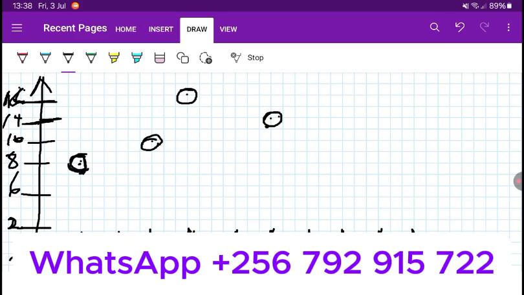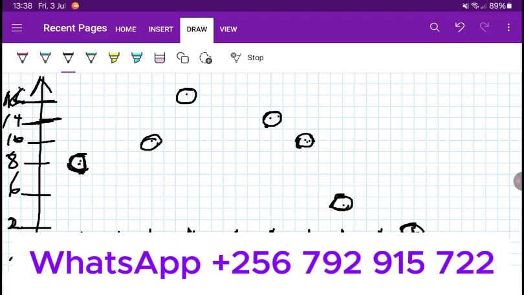Then we also have 95 with 10. Then 105 with 5, and then 115 with a 2. Let's assume the 5 is around here. And then this one of 115 with a 2, it's around here.